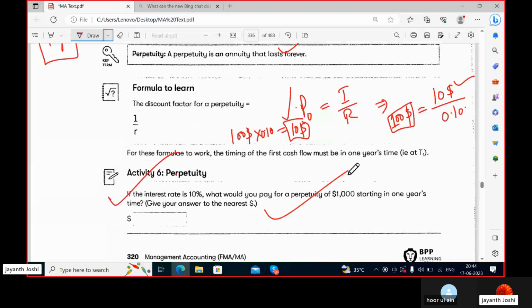Message me if you're not getting it, I'll immediately do this. Yeah, shall we move forward? You're doing this question?